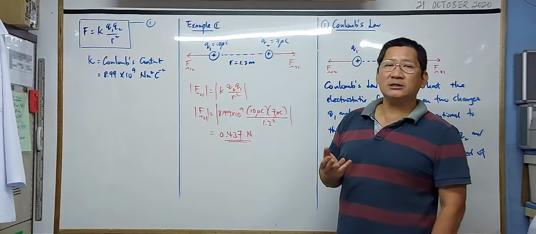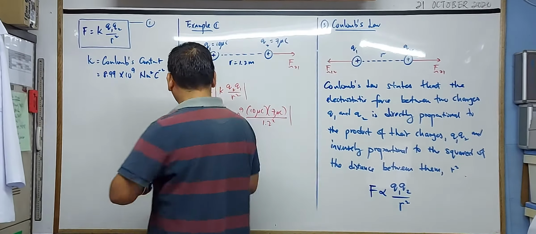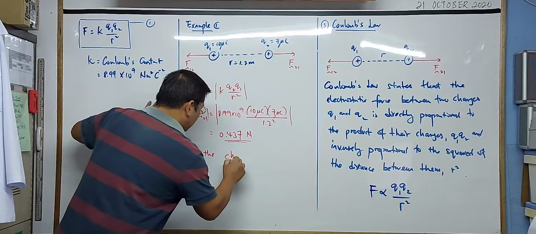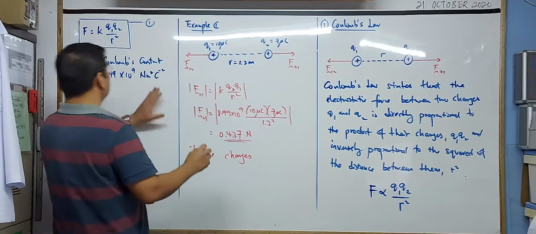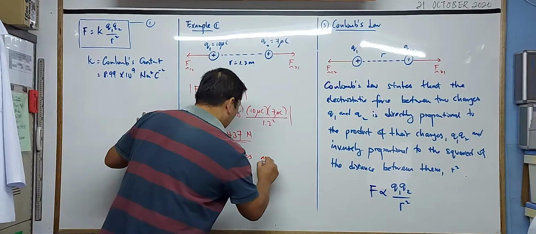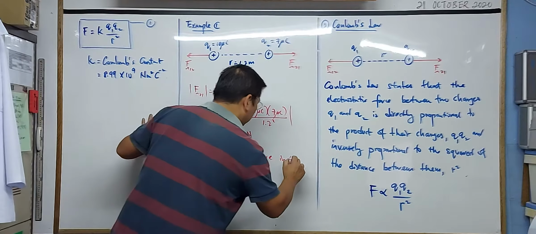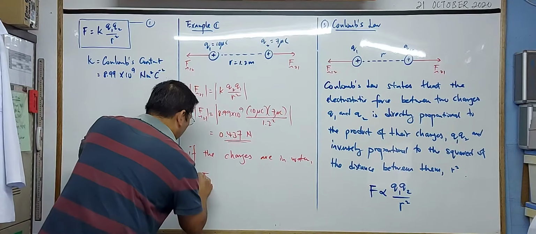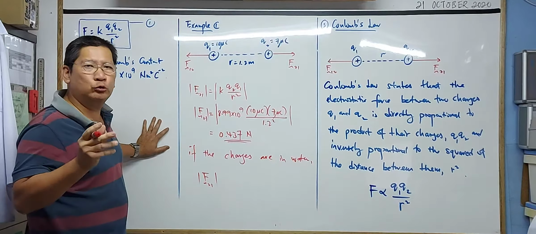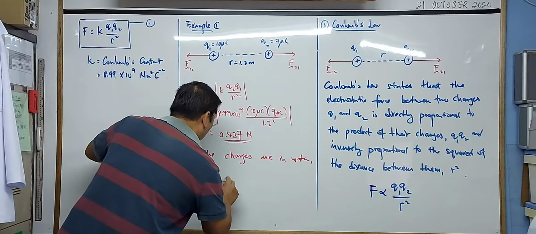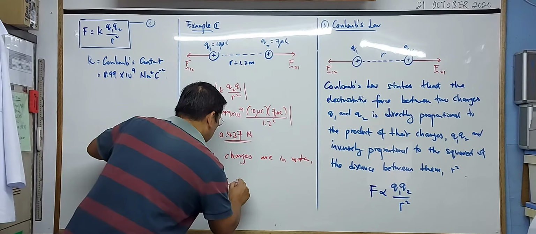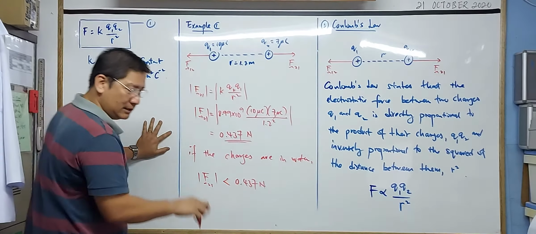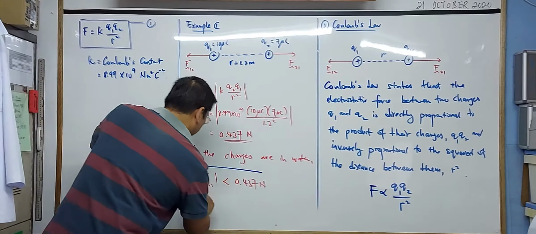Well, from experiment, you will discover that if the charges Q1, Q2 are in water, the magnitude of the force F21 is no more equal to 0.437 Newton.